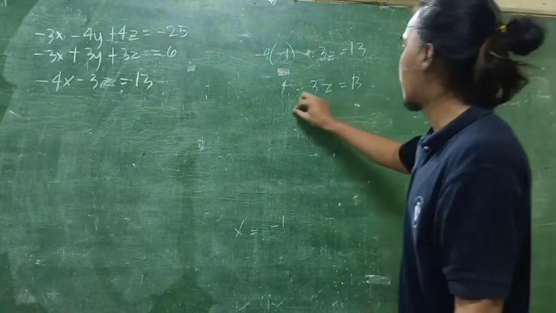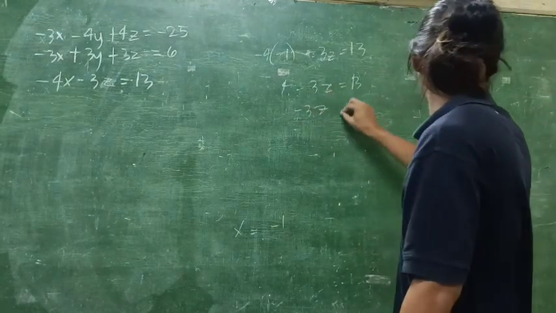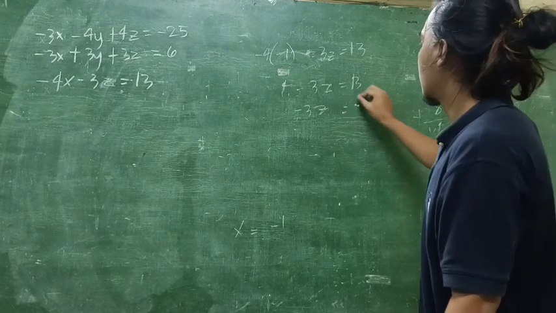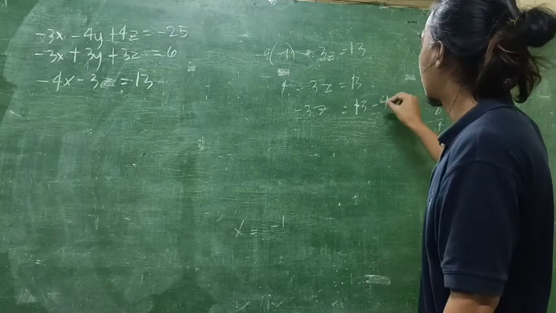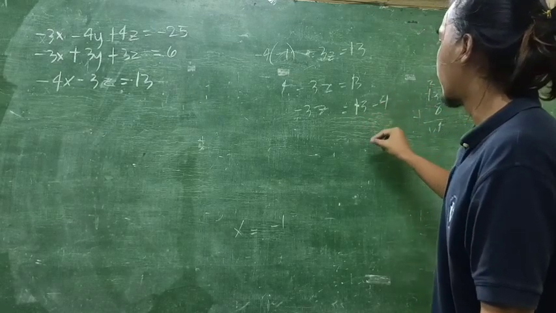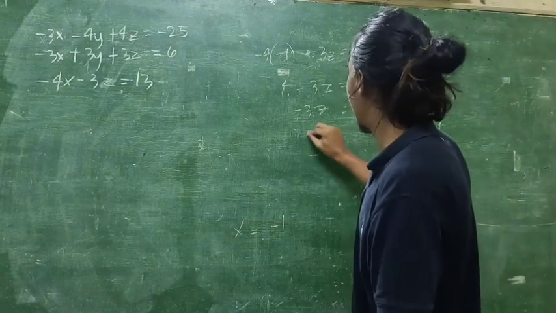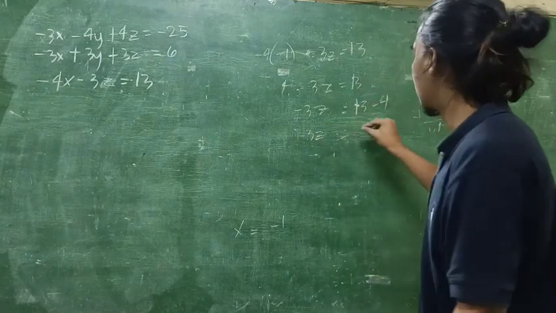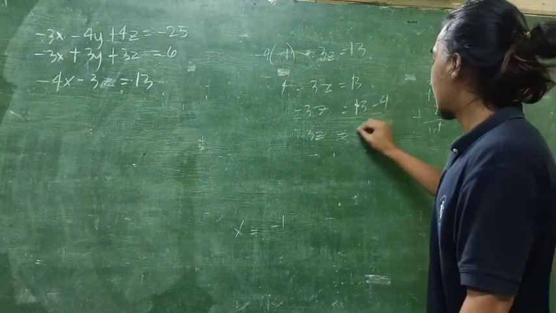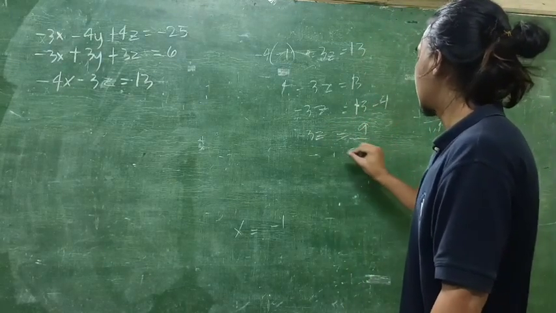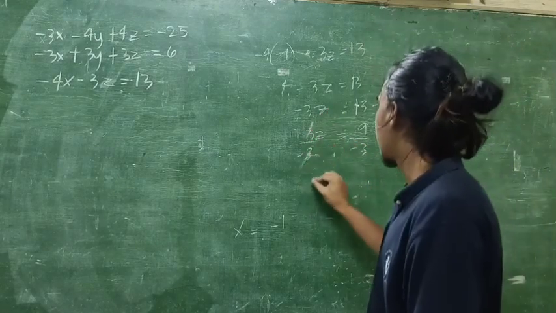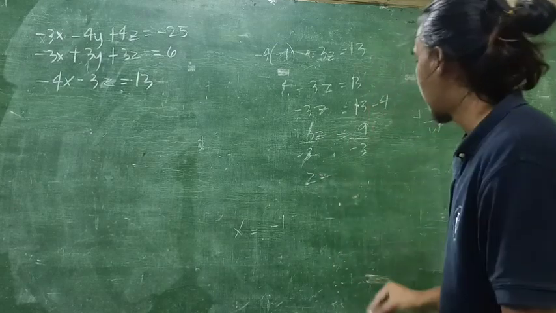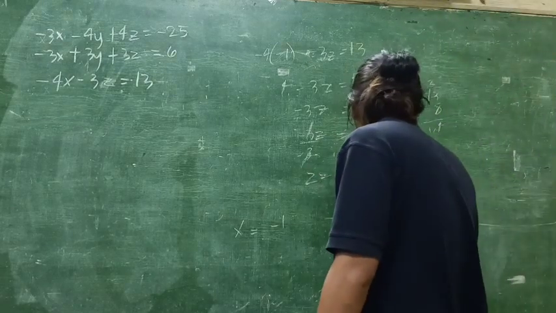Transpose, so we have negative 3z is equal to 13 minus 4. 13 minus 4 is 9, so negative 3z is equal to 9. Divide by negative 3, cancel. Our z is equal to negative 3.